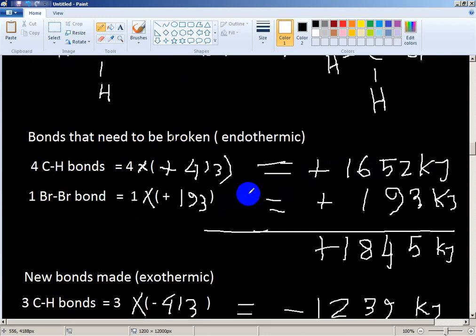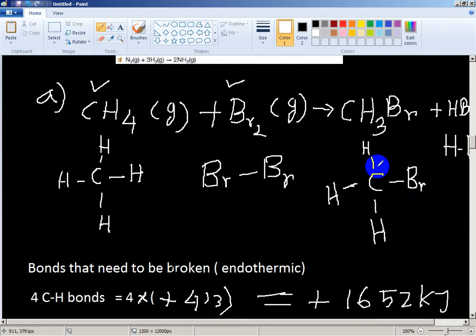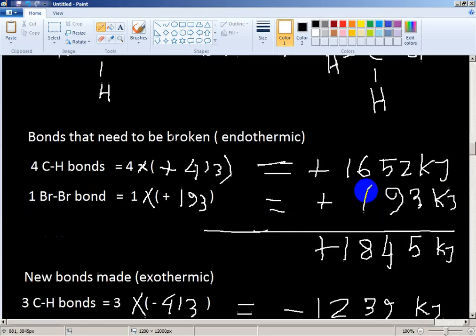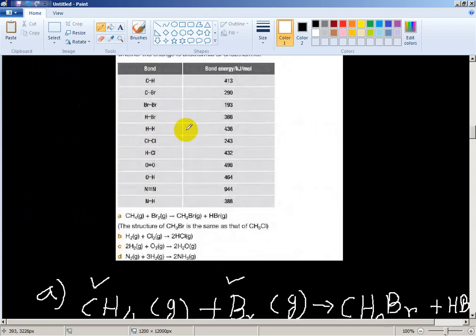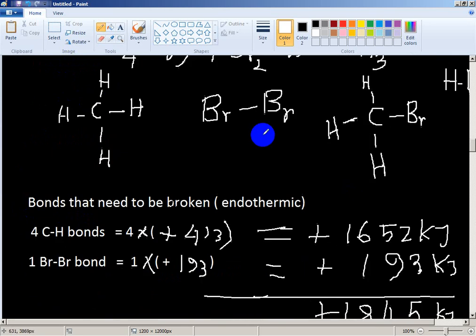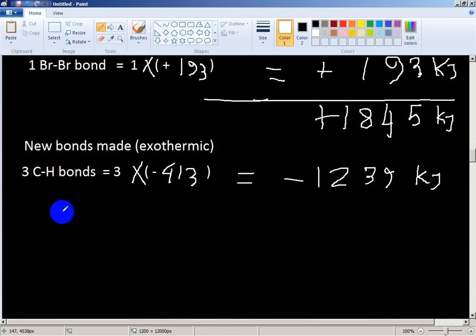Okay. In this compound there are 3 carbon hydrogen bonds and 1 carbon bromine bond. So 1 carbon bromine bond I write here. Carbon bromine bond, what is the energy? Carbon bromine bond is 290.